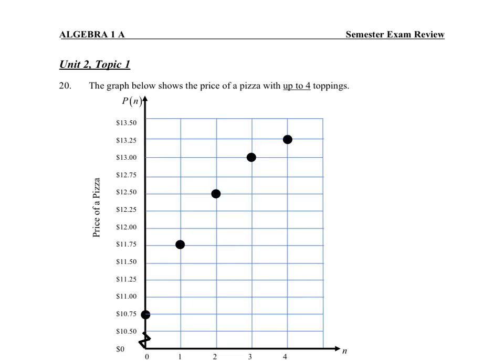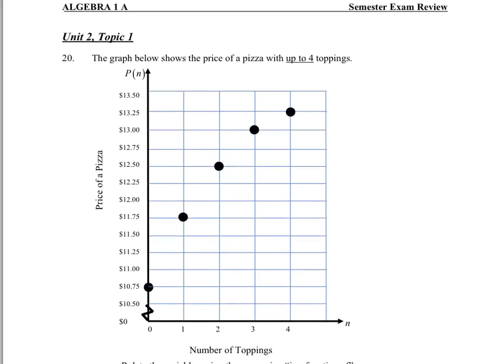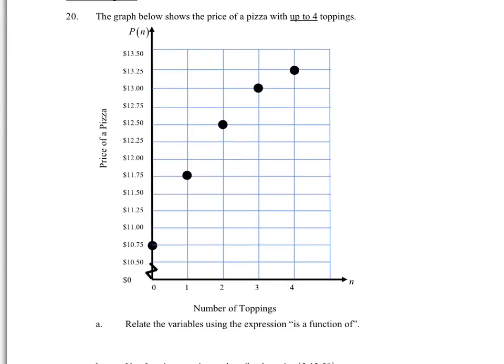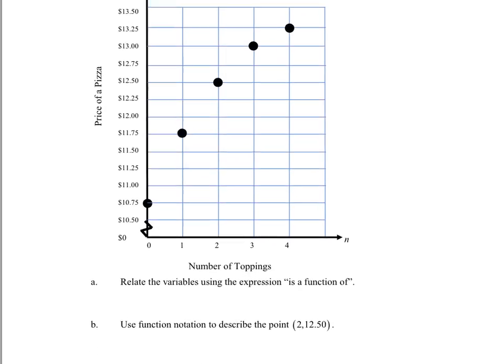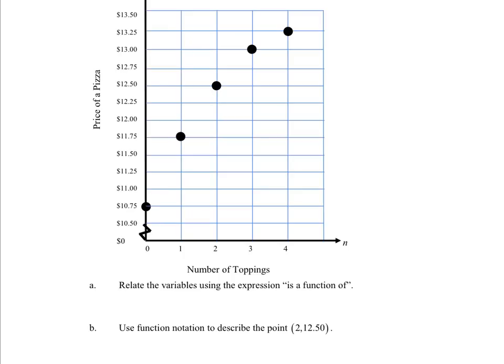Question 20. The graph below shows the price of a pizza with up to 4 toppings. So we have our number of toppings on the n-axis and the price of the pizza on our p of n axis. Relate the variables using the expression "is a function of."